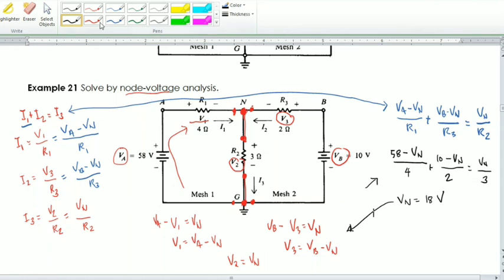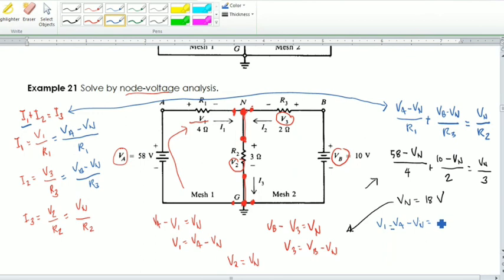Okay? So, substituting, V sub 1 equals V sub A minus V sub N. V sub A is 58 minus 18, so that is 40 volts.